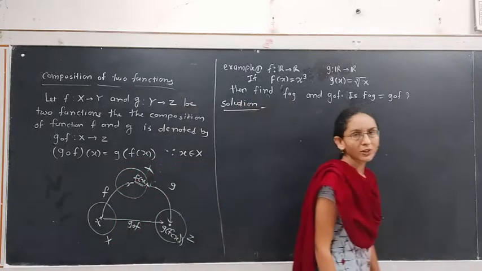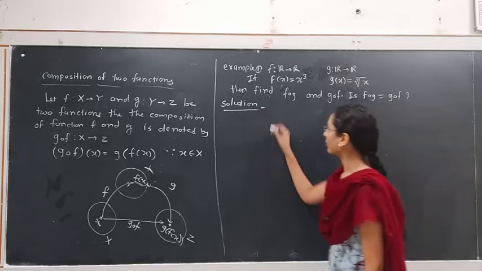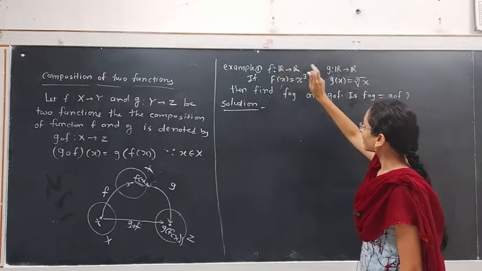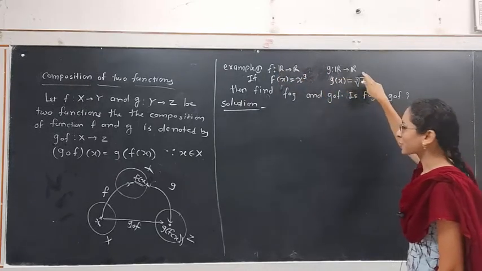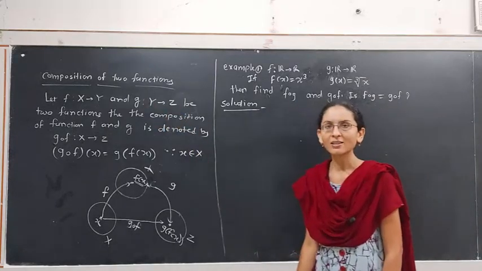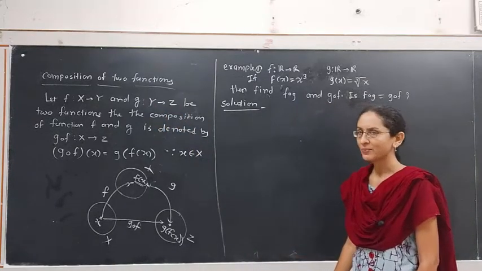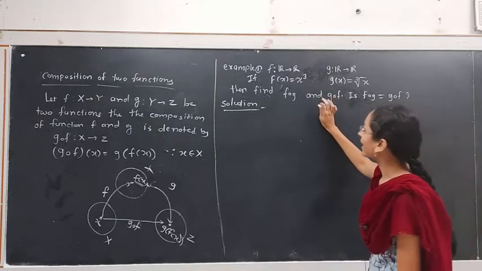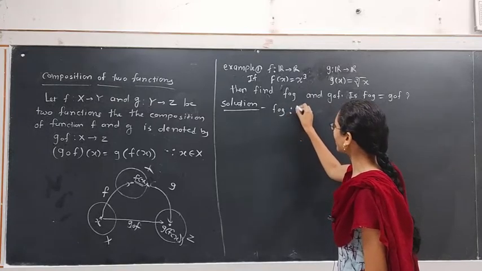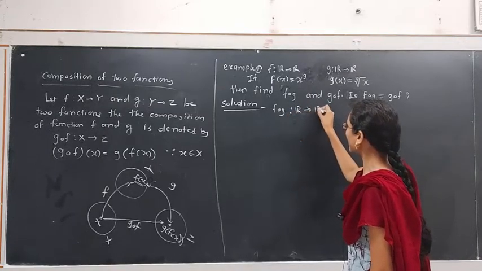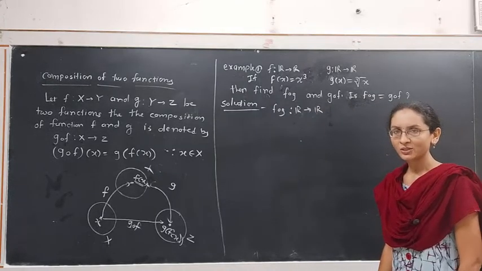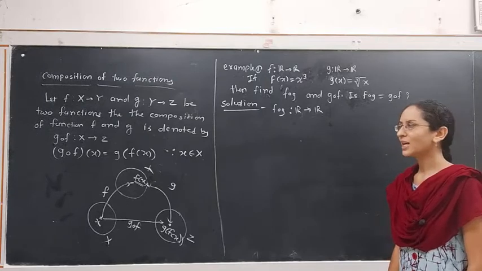We find the function f∘g. What are the domain and codomain for f and g? f maps from R to R, g also maps from R to R. Hence, all the sets X, Y and Z are the set of real numbers. All sets are the same for this given example. Hence, f composite g is a function from R to R, set of real numbers to set of real numbers. Also, g composite f is also a function from real numbers to real numbers.